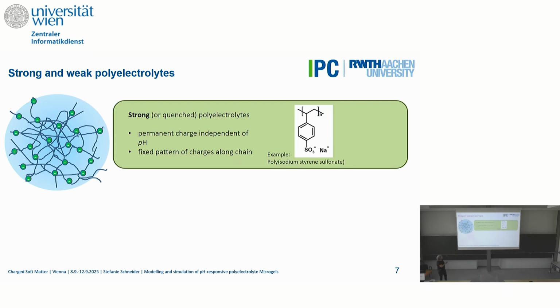So if we talk about charged microgels, we need to distinguish between strong polyelectrolyte microgels, which basically under all different pH have a permanent fixed charge and a fixed pattern of charge along the chain as well.